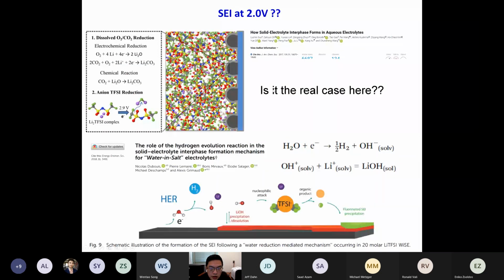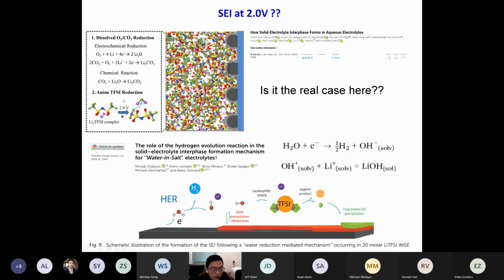But I don't think it's the real case here, because first of all, the oxygen solubility and the carbon dioxide solubility are largely reduced in this kind of water-in-salt compared to a normal aqueous solution.